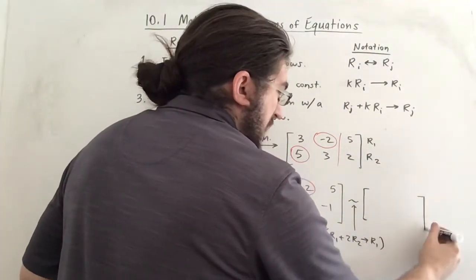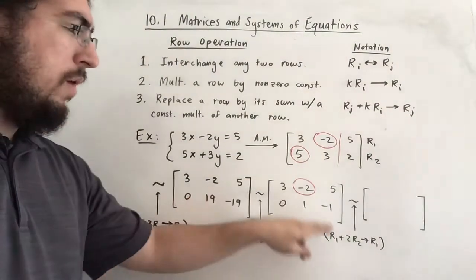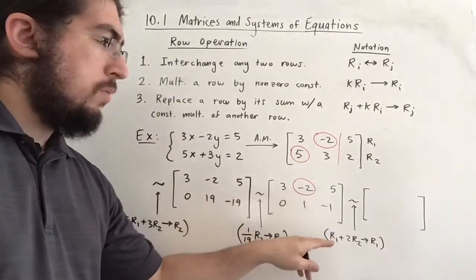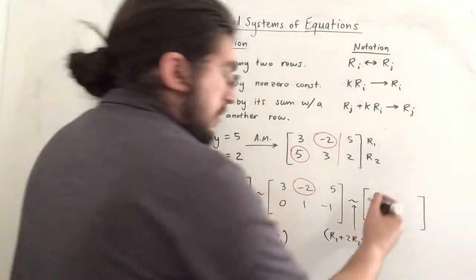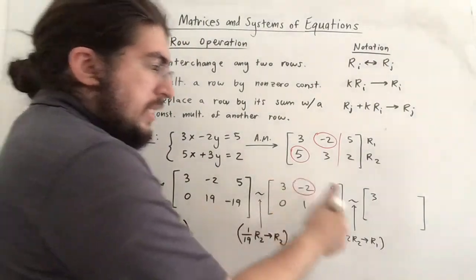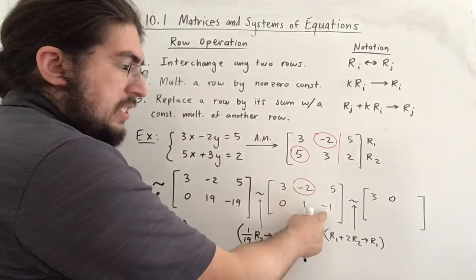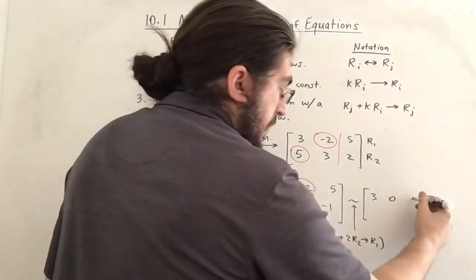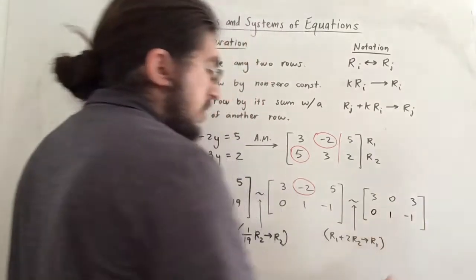Now here I don't think I'm going to write out the work too much, but notice row 1 stays the same, and row 2 is multiplied by 2. So if you add those together, 3 plus 0 is still 3. If this is multiplied by 2, this becomes 2 added to negative 2 is 0, so it makes it 0 like we wanted. And this times 2 is negative 2 plus 5 is 3. And notice on the bottom we still have 0, 1, negative 1.